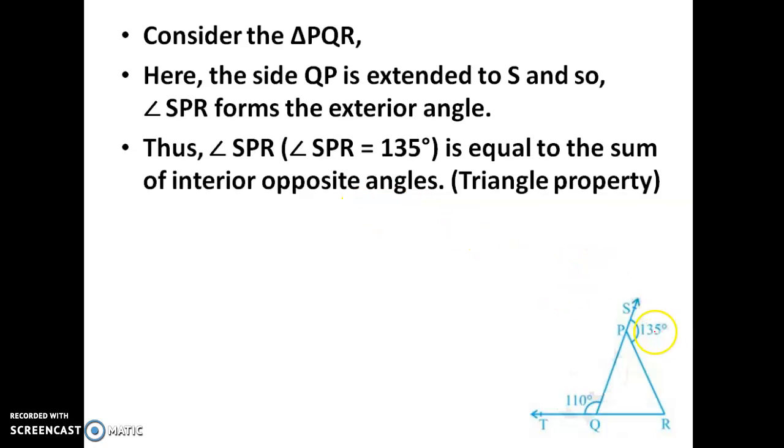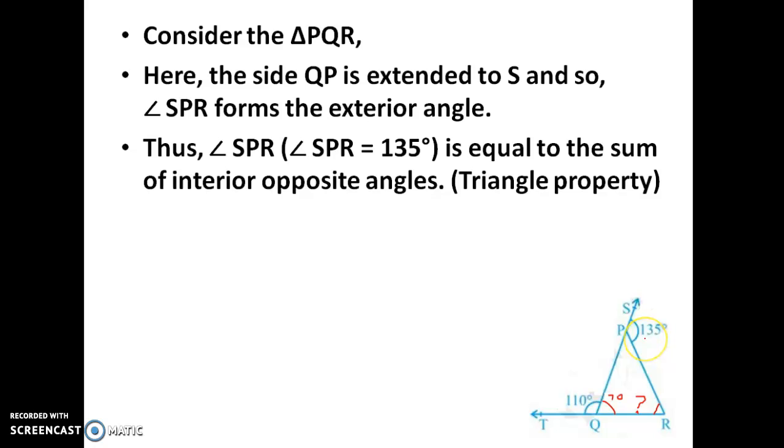So this exterior angle is equal to the sum of these two angles. So this angle we found out to be 70 degrees. So we need not find this angle at all. We want this only. This angle is not at all asked.